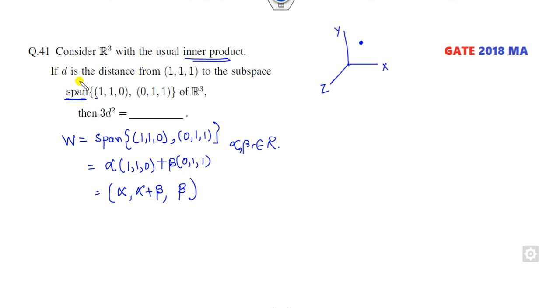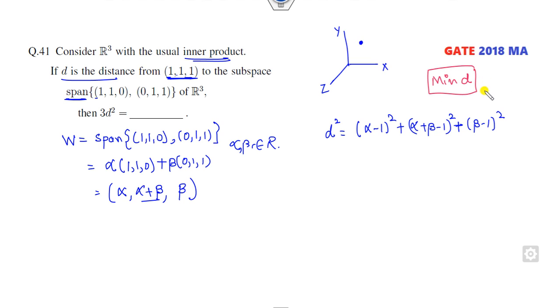Now your target is to find the distance from this point to the subspace. So the distance is the square root of (alpha minus 1) whole square, plus (alpha plus beta minus 1) whole square, plus (beta minus 1) whole square. Your target is always to minimize the distance so that you can find the values of alpha and beta.